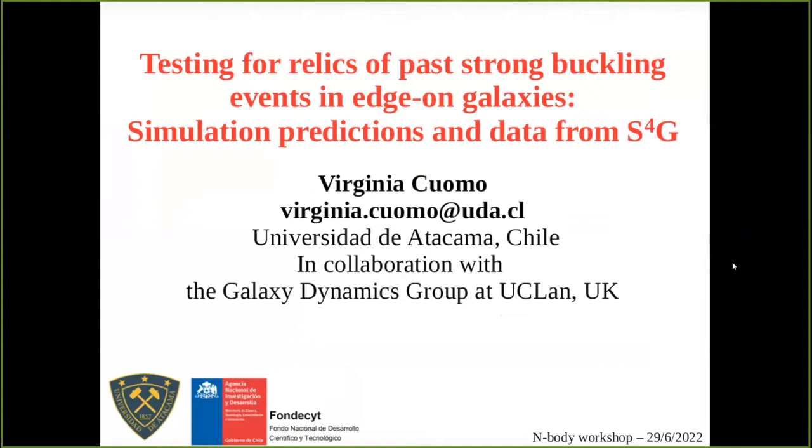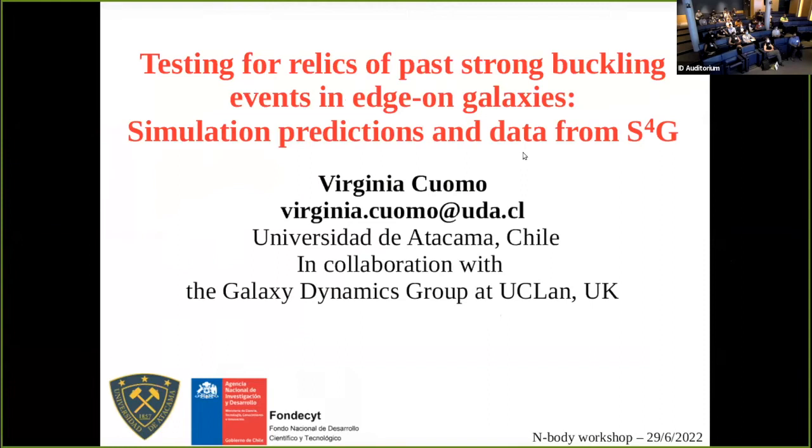Okay, so good morning, everyone. My name is Virginia Cuomo from University of Atacama, and today I will tell you about evidence of past buckling events in edge-on barred galaxies, the results from simulation and observational data. This work is done in collaboration with the Galaxy Dynamics group at the University of Central Lancashire.